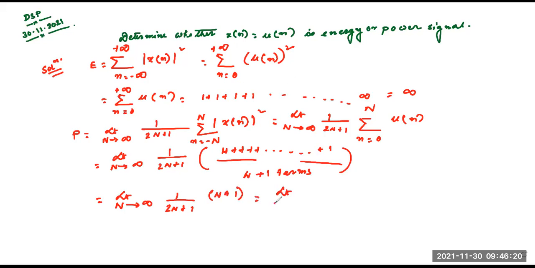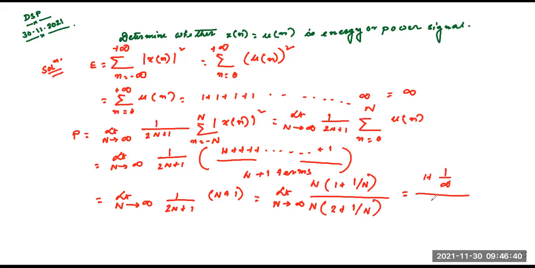That is equal to limit N tends to infinity N into 1 plus 1 by N, by N into 2 plus 1 by N, that is equal to 1 plus 1 by infinity by 2 plus 1 by infinity, that is equal to 1 plus 0 by 2 plus 0. That is equal to half watt.